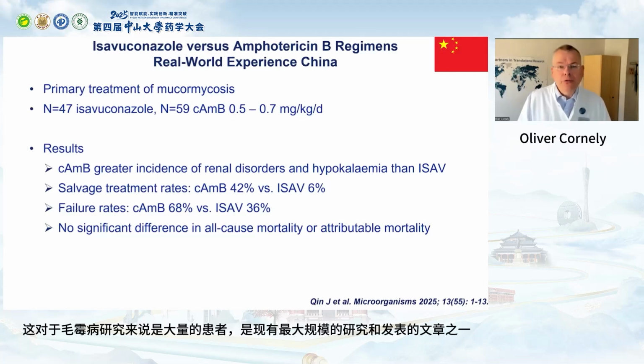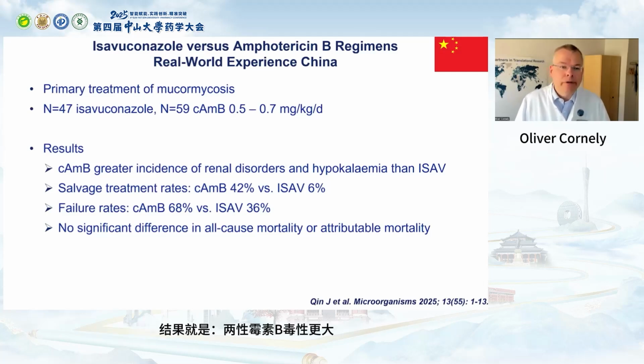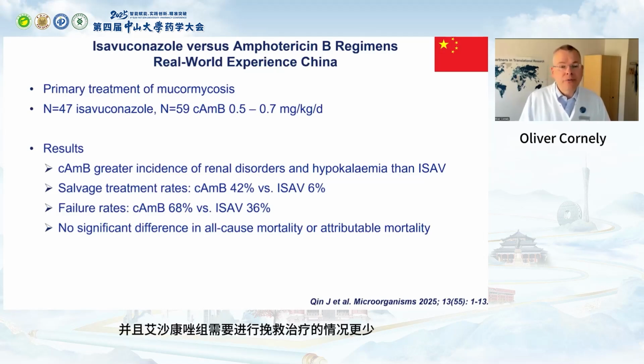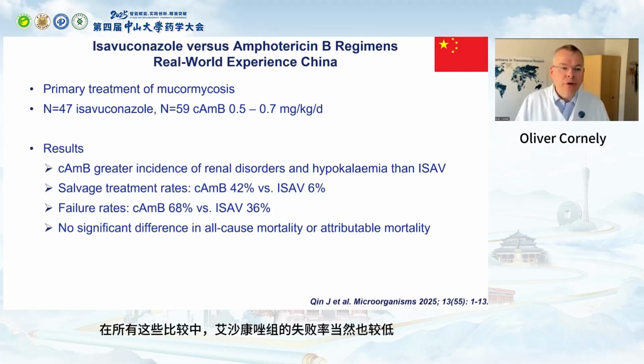And the results, to summarize, is, of course, amphotericin B was more toxic. We know that, renal disorders, hypokalemia. And the salvage treatment was less often needed with isavuconazole. And in all these comparisons, failure rates were, of course, less. That's similar to the salvage treatment rates.